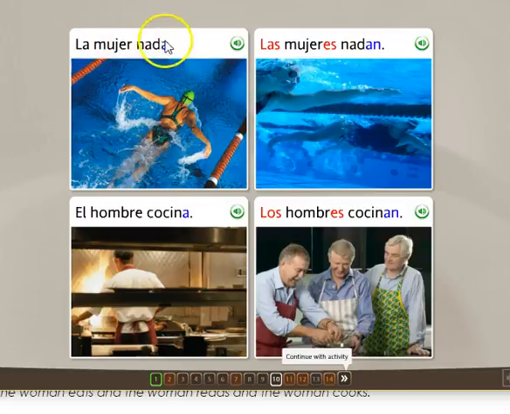And it has a verb, which is this, nada, or swims. Here in these other examples in Unit 1, we see we have a person or persons doing the action, and then the verb. We have the subject, and then the verb. The subject, and the verb.